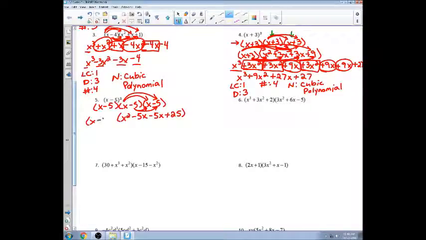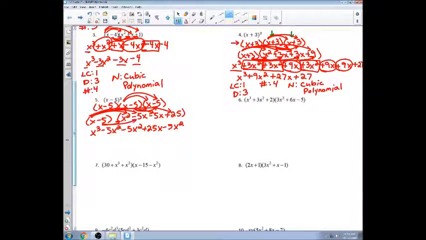Bring down my x minus 5 in that set of parentheses. X times x squared would be x cubed. X times negative 5x would be negative 5x squared. Again, negative 5x squared. And x times 25 would get me positive 25x. Negative 5 times x squared is another negative 5x squared.